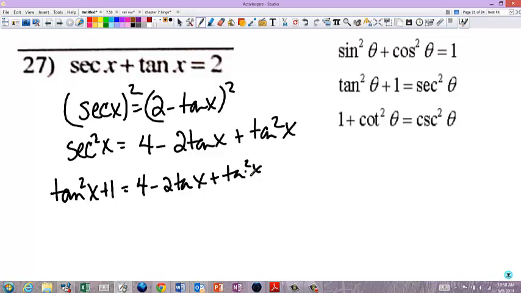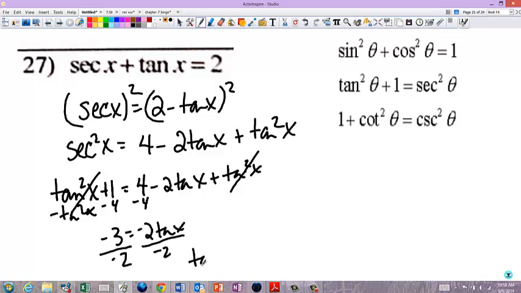Now I can get everything on one side. Minus tan squared, they cancel. So I've got minus 4. Negative 3 equals negative 2 tan x. Divided by negative 2. So tan is 3 halves.